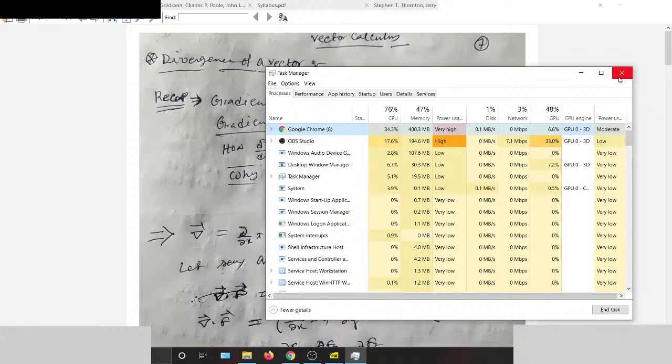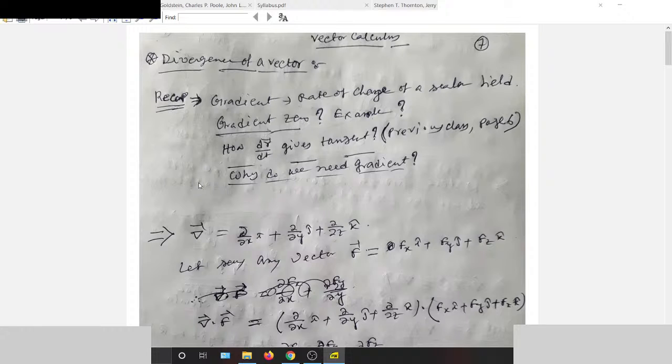Okay, so what I was telling is that last class we discussed an example: if there is a surface, what is the directional derivative of that surface at some point along the tangent of a curve, right?